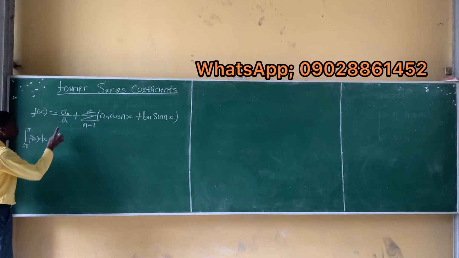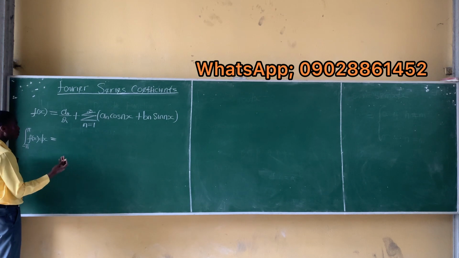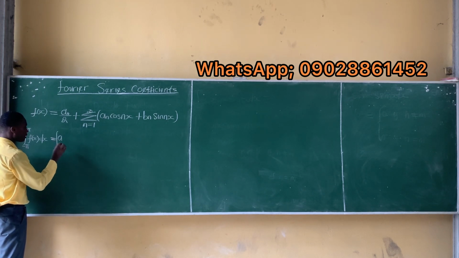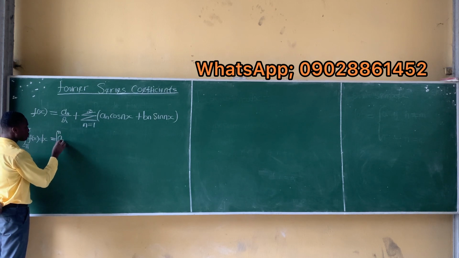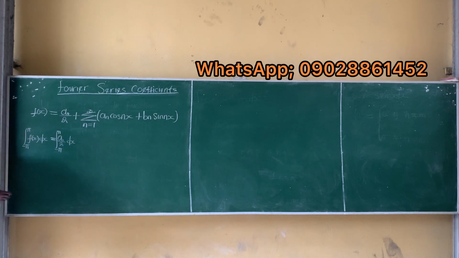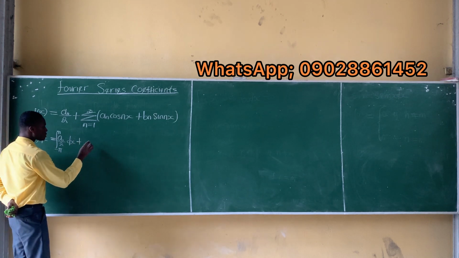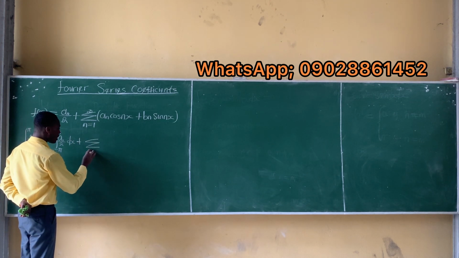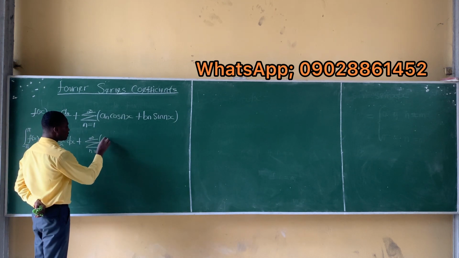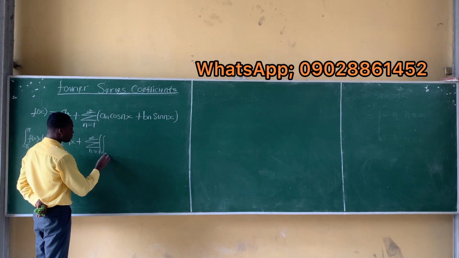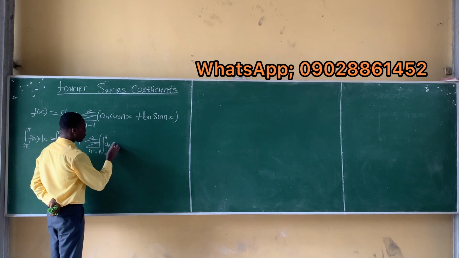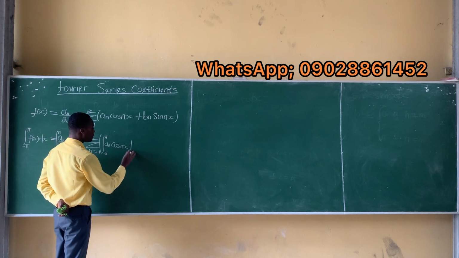And also, if we integrate a naught over 2 from minus pi to pi, we have the integral from minus pi to pi of a naught over 2 dx, plus the sum as n equal to 1 to infinity of the integral from minus pi to pi of an cos nx dx.